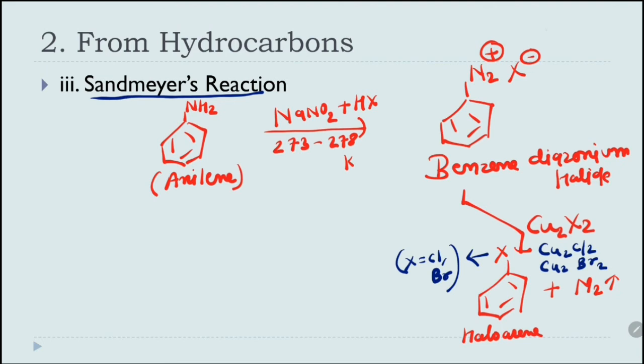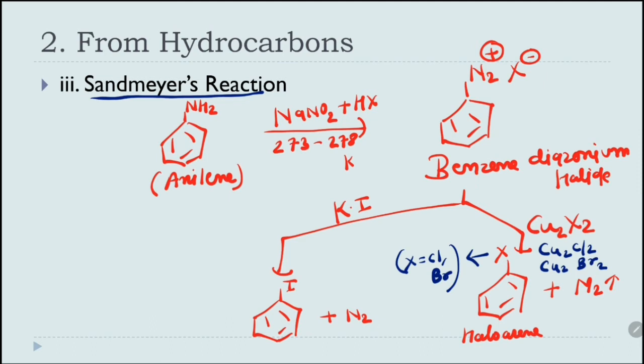If we want to prepare iodobenzene, then we cannot complete this reaction by using Cu2I2. This reaction is not possible, so here we can use potassium iodide.